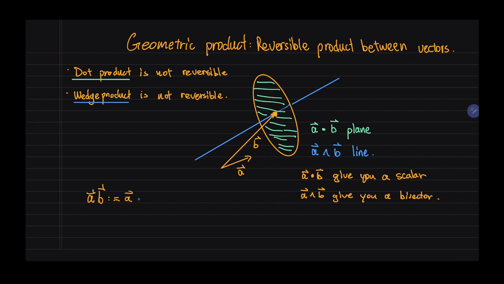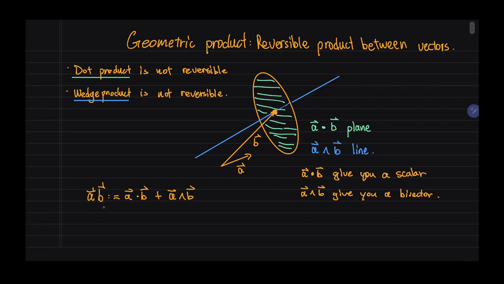We define it as A dot B plus A wedge B. We use this definition to define a geometric product between two vectors. And we will also see the geometric product between a vector and a bivector and so on. But this image and this setup motivate us to use this definition.